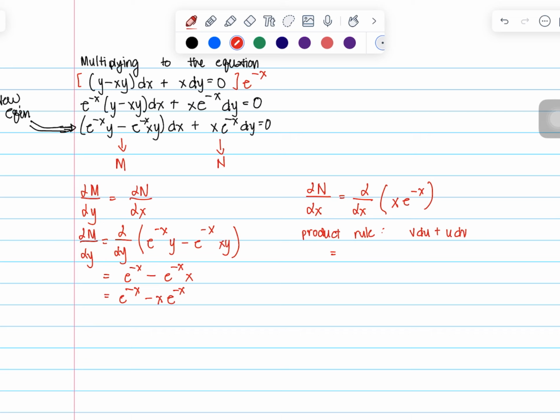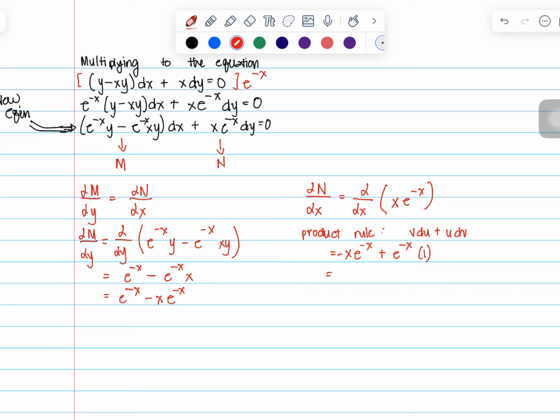So what is v? You have x, and du is the derivative of e to the negative x, which is negative e to the negative x. And u is e to the negative x, and dv is the derivative of x, which is basically 1.